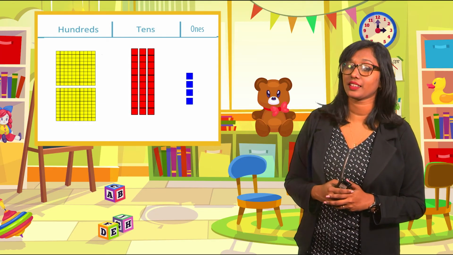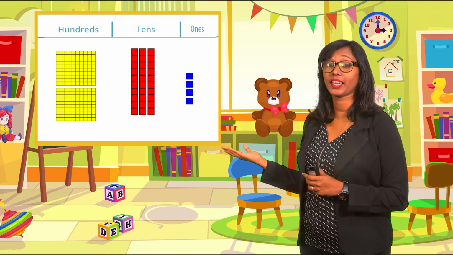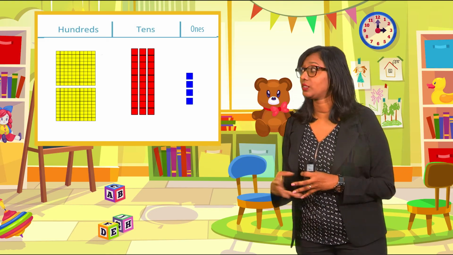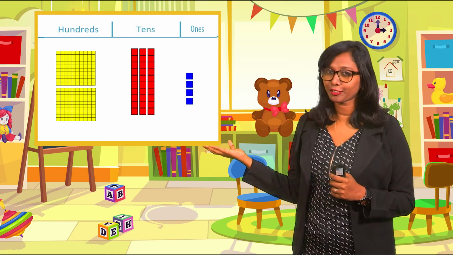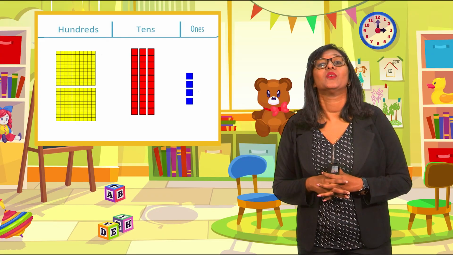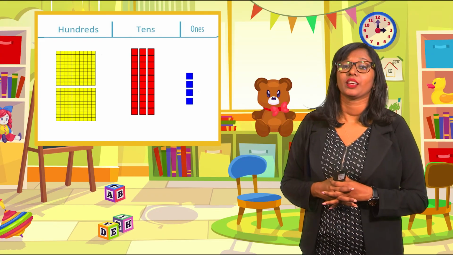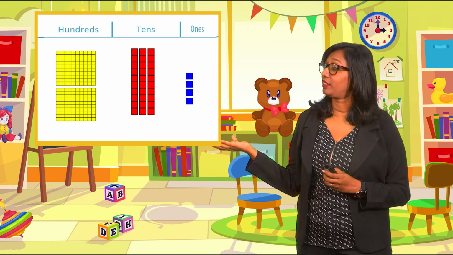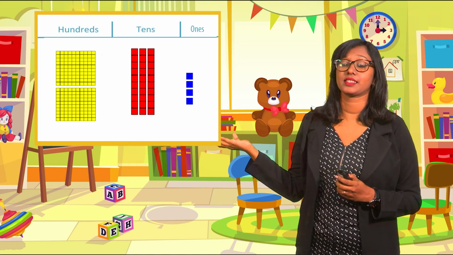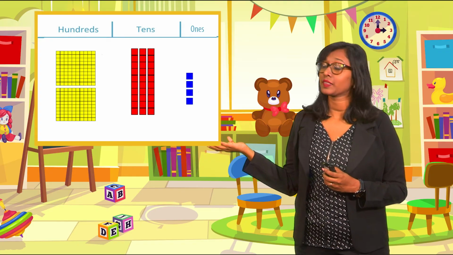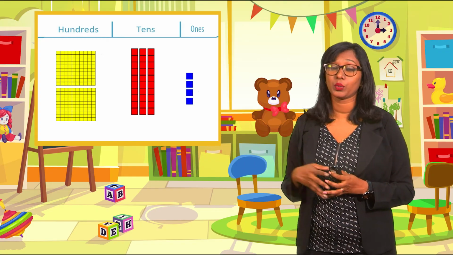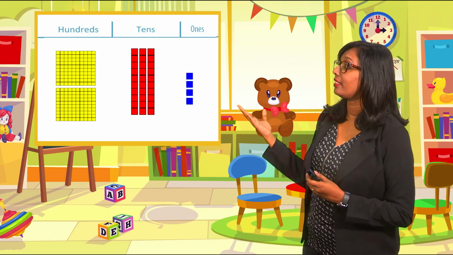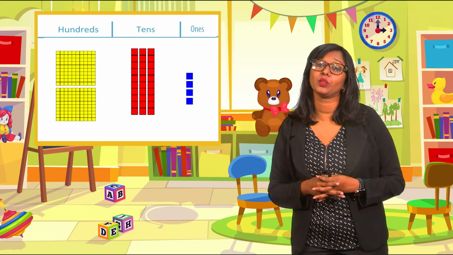So I have an exercise here for us to do together. Now take a look. They're very colorful. Now, the first one, we have 3 different sets of shapes. We have the yellow, which is the square flat one, and then we have the red, which is the long one, and then the blue ones are the single ones.